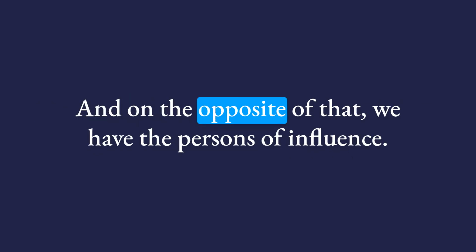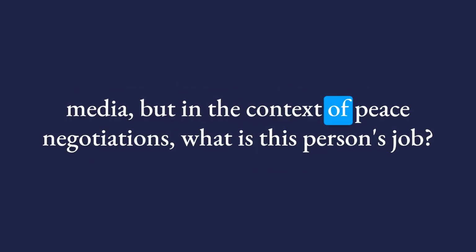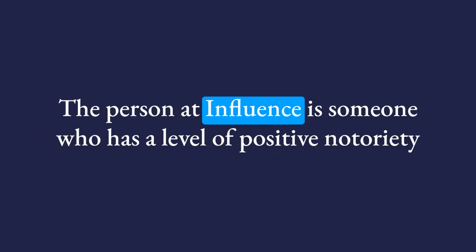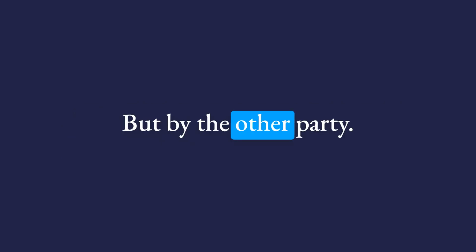And on the opposite of that, we have the persons of influence. Now, this term has developed a very specific meaning in the public discourse in the age of social media, but in the context of peace negotiations, what is this person's job? The person of influence is someone who has a level of positive notoriety or seniority, or is genuinely well respected, not only by your party, but by the other party.